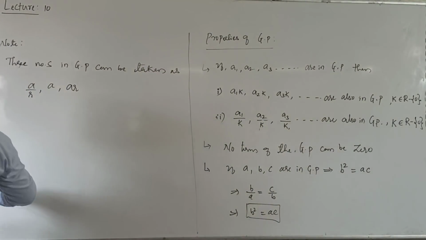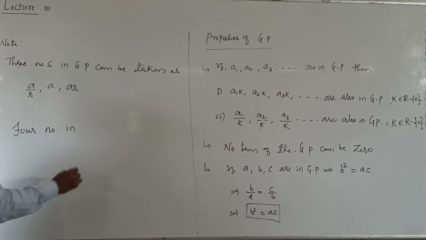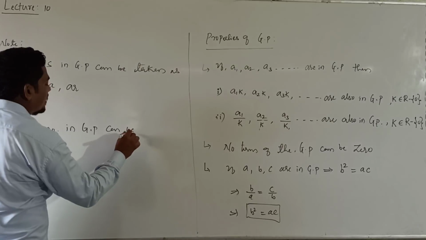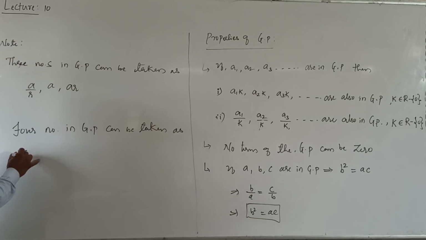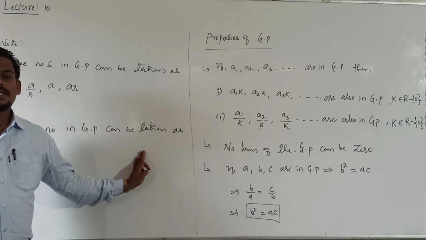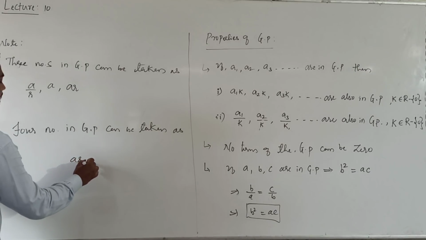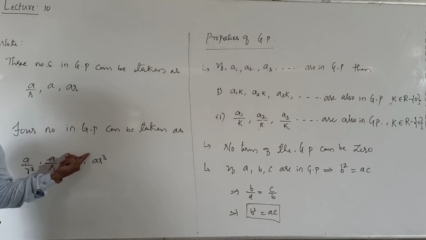And similarly, 4 numbers in GP can be taken as A by R cube, A by R, AR and AR cube.